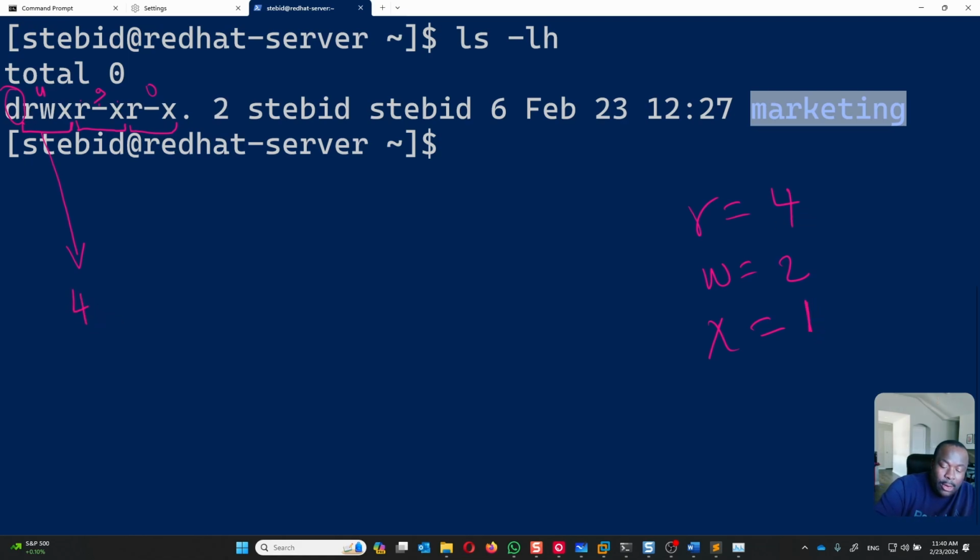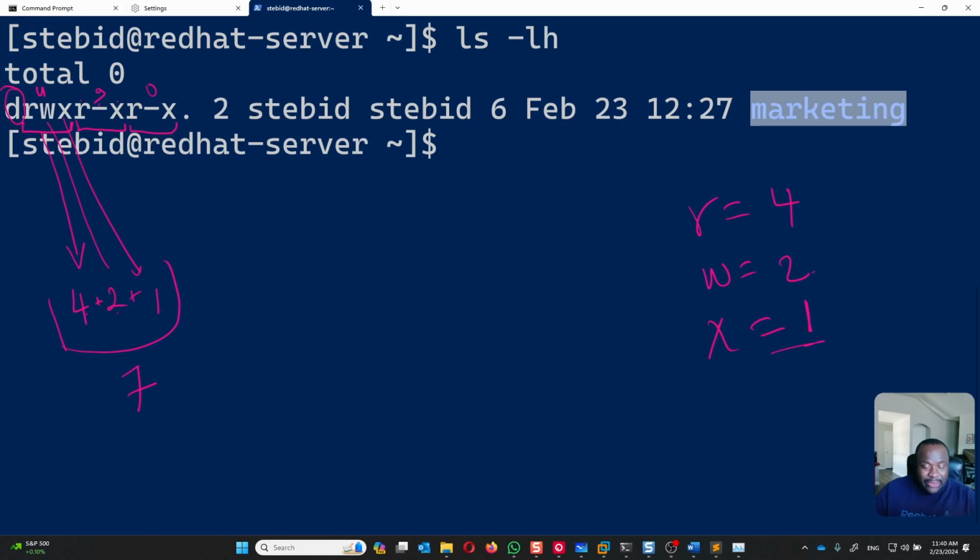So I say 4 plus, what's the value for write? Write is 2. So I say 2, and then what's the value for execute? Execute again is 1. I get it from here, so I say plus 1. So the value for this first set of permissions for the user is 7, because 4 plus 2 plus 1 is equal to 7.